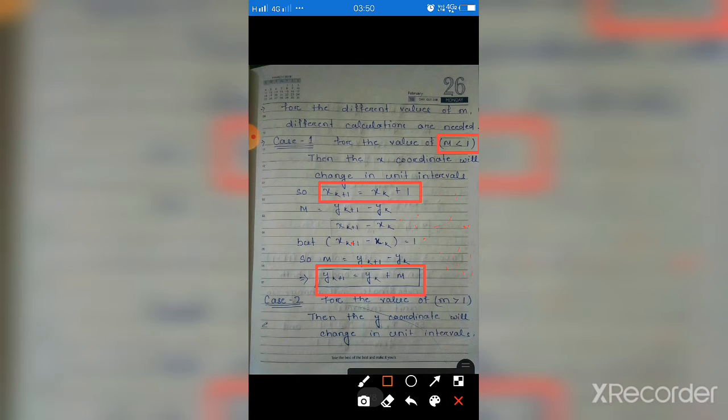When m is less than 1, the formula is xk plus 1 equals xk plus 1, and yk plus 1 equals yk plus m. This is the first case.